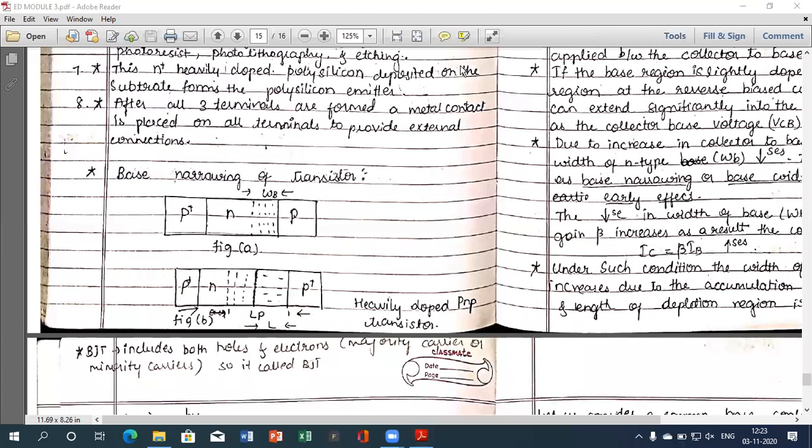So I'm expecting everyone to respond in the chat box if you have any doubts, because it is a very simple concept: just increase the reverse voltage, and the width of the base will start reducing, thereby it loses its characteristics. That's it. Everyone should respond in the chat box.